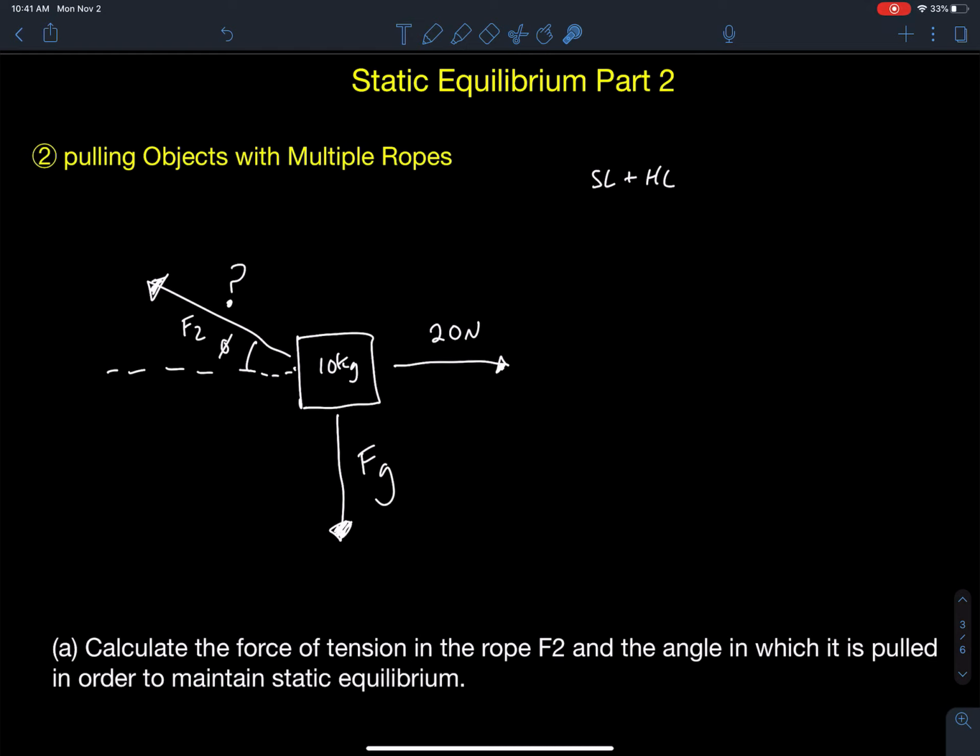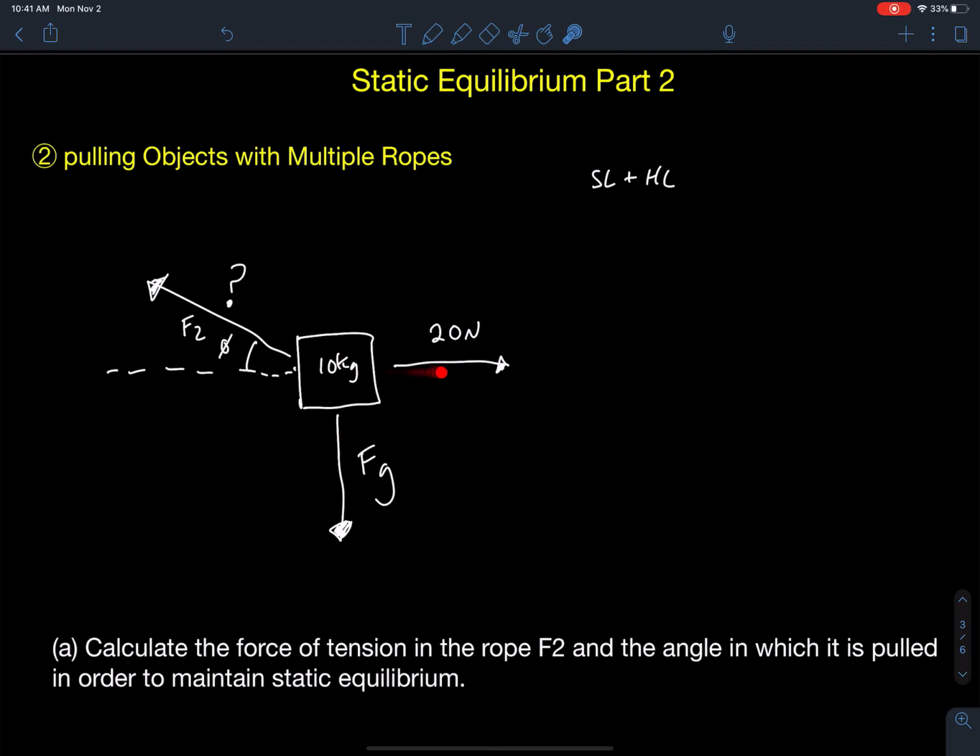So how do we go about calculating the force of tension in rope F2 and that angle when these are provided for you? Really what's happening is this object is in two different equilibriums. It's in an equilibrium along the x-axis, and it is in equilibrium along the y-axis.